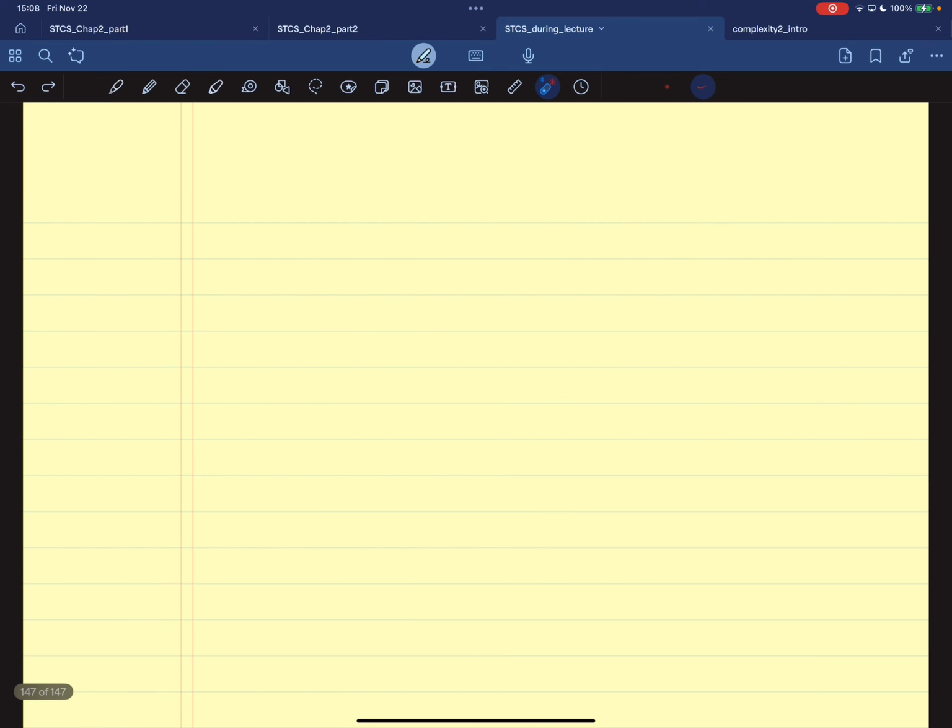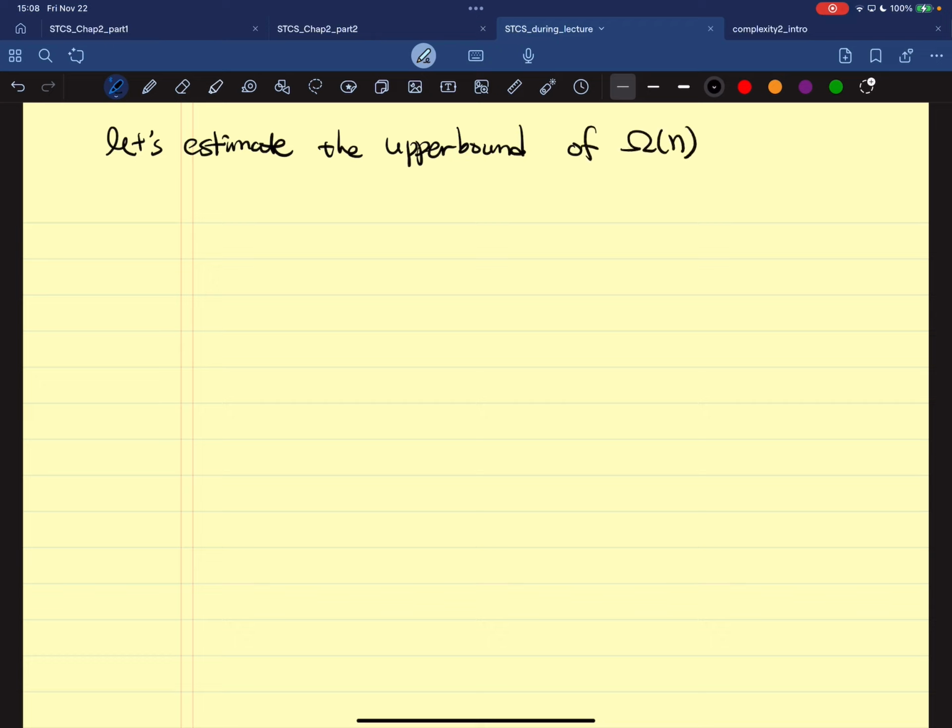So let's estimate the upper bound of omega. Why is it the upper bound?